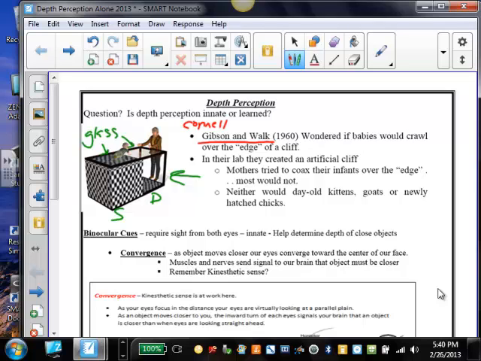So there was a piece of glass on a textured surface right in here where the baby is currently sitting, and the piece of glass extended all the way across the top.